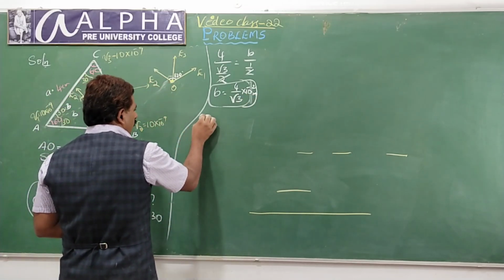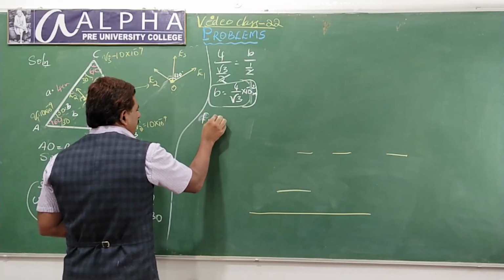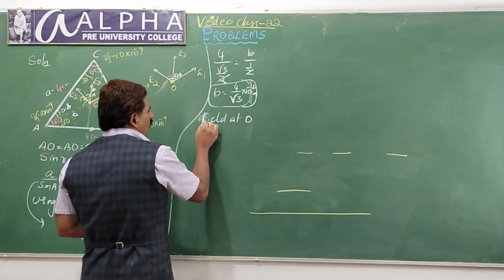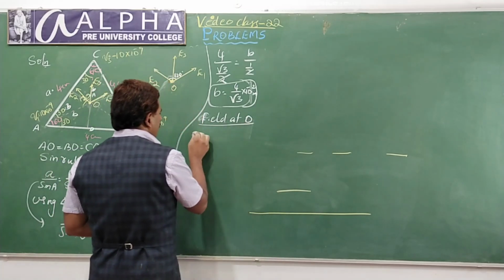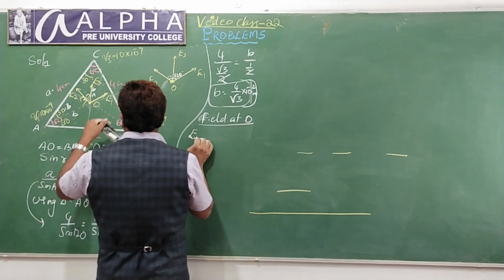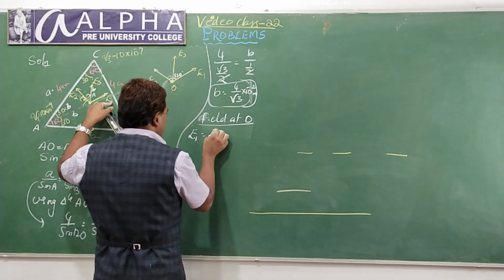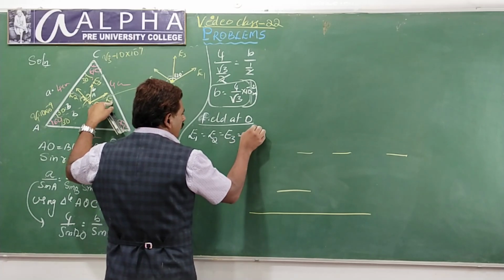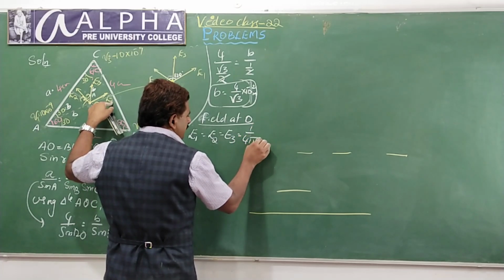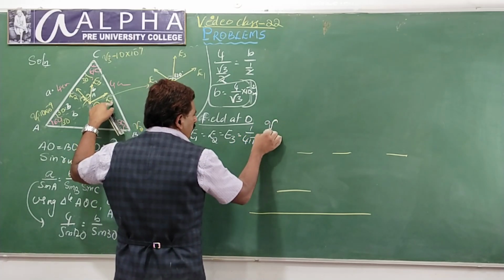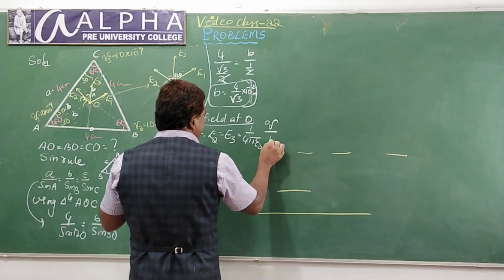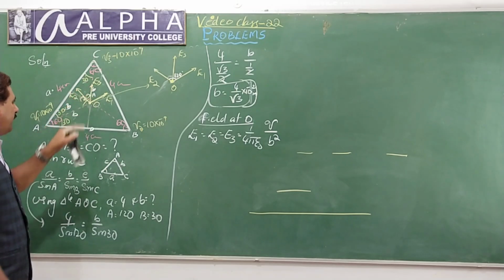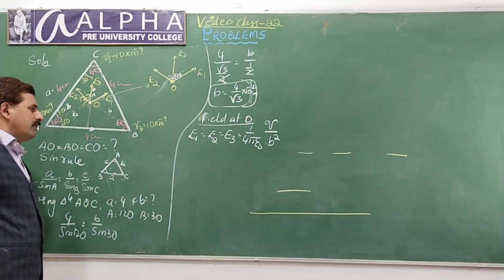Therefore, what is the field at O? E1 must be equal to E2, that must be equal to E3, that must be equal to 1 over 4 pi epsilon 0, charge Q divided by distance B square. What is B? This is also B, students, same.